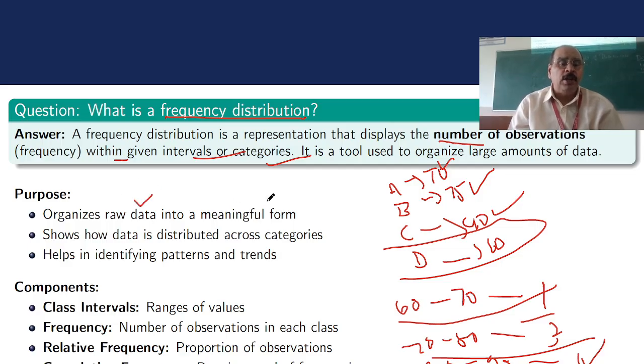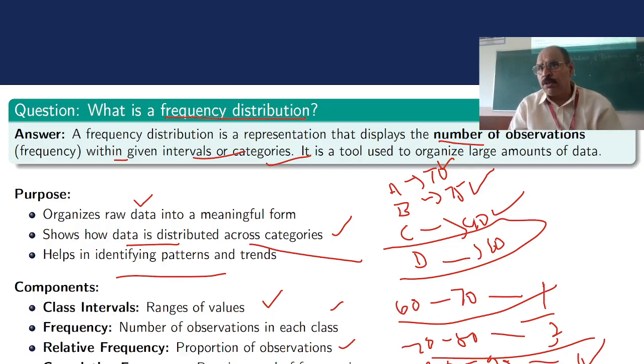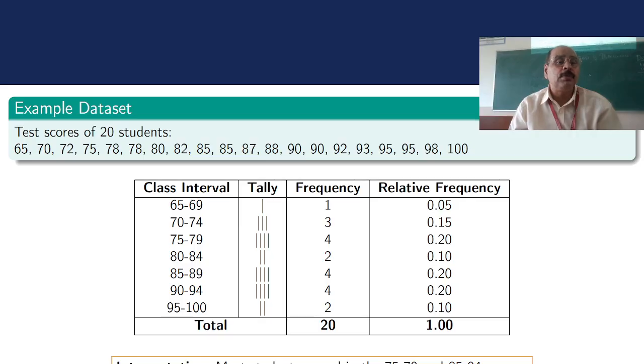It organizes data into meaningful form, shows how data is distributed across categories, and helps in identifying patterns and trends. So you have class intervals, the number of observations in each class, the proportion of observations, and the total number of frequencies. But make sure that in a frequency distribution, you are not representing the exact data.